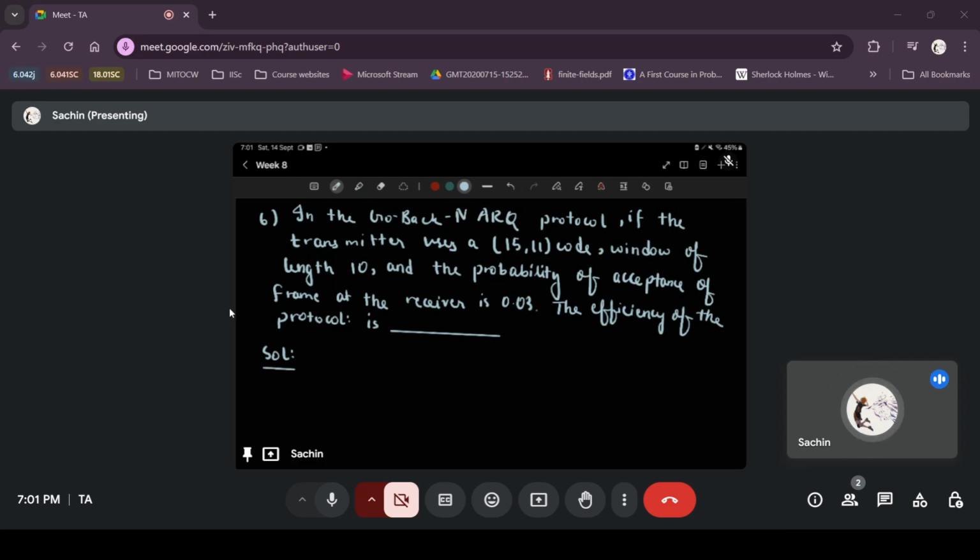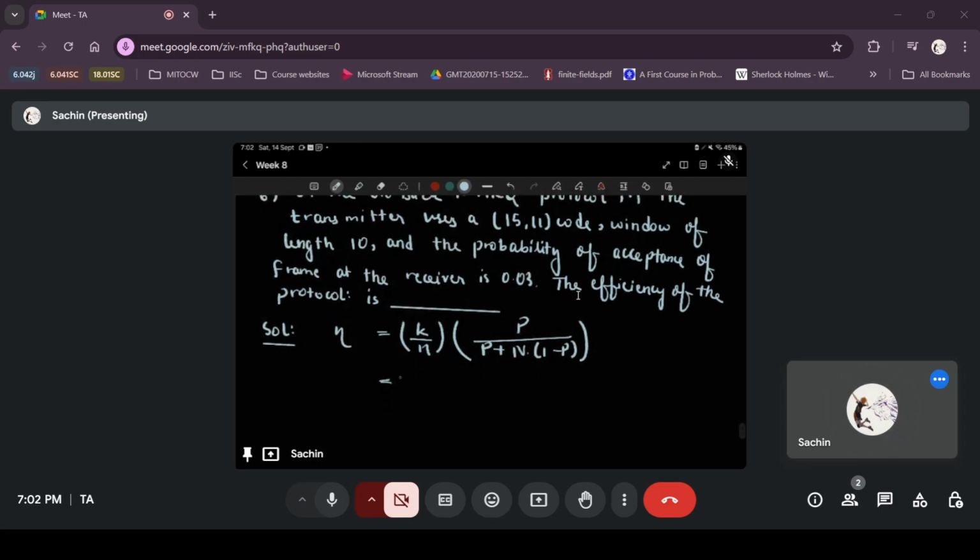The efficiency for go back N ARQ is given by eta equals k by n times p over p plus N into (1 minus p). k is 11, n is 15, p is 0.03, divided by 0.03 plus window length 10 times (1 minus 0.03), which is 0.07.